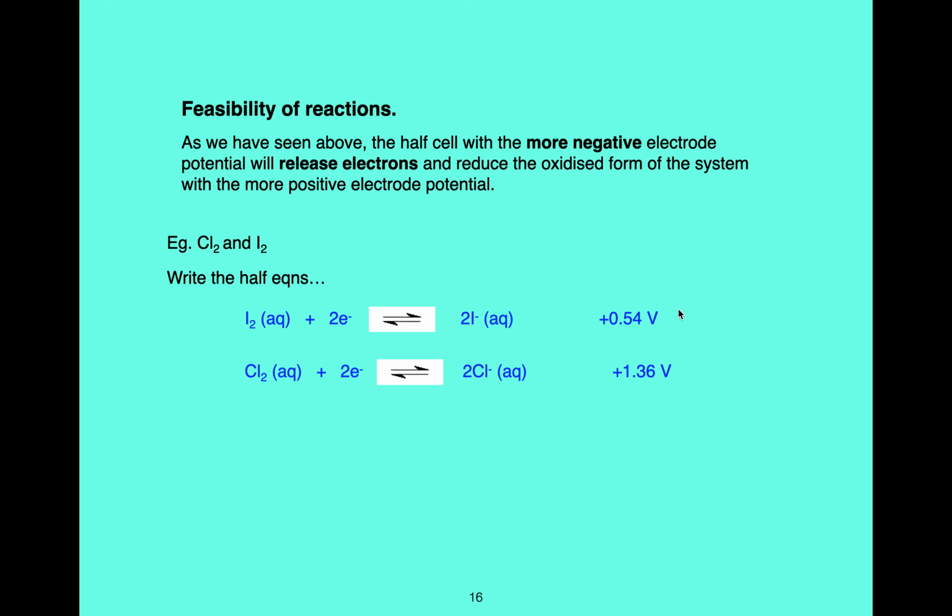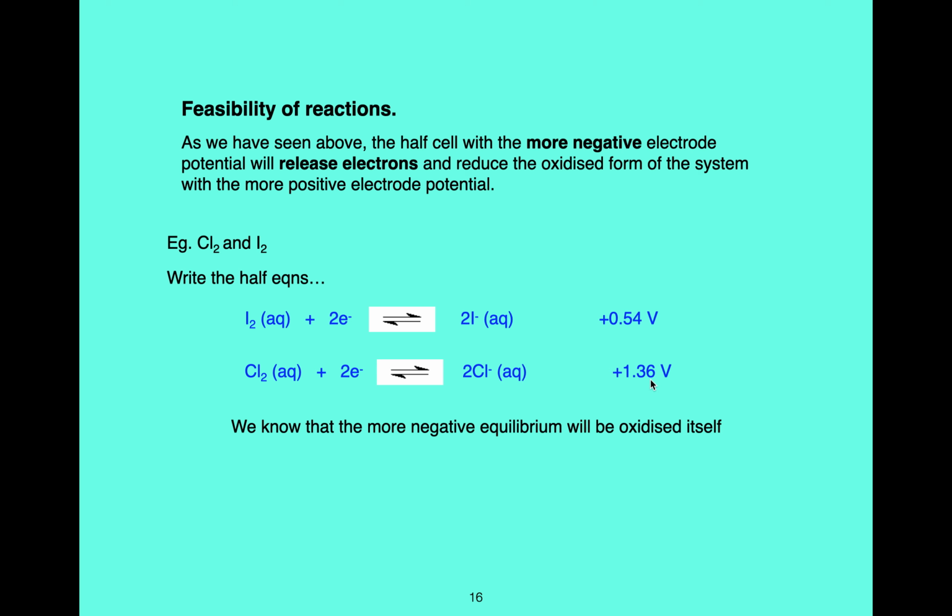The more negative, believe it or not, will release electrons. Its tendency is to go to the left. And the more positive will accept electrons. So we know that's a feasible reaction, and the anti-clockwise rule reinforces that. There's quite a big difference between the electrode potentials.